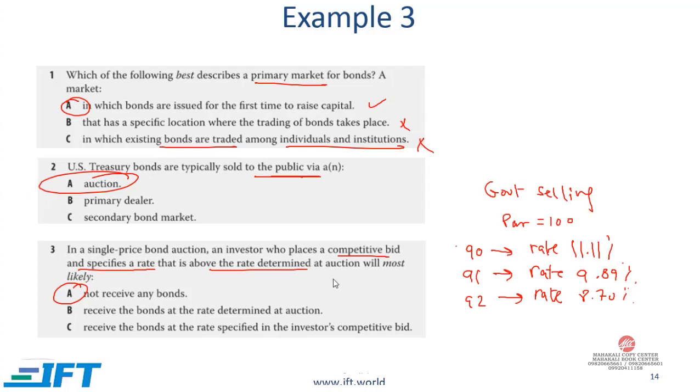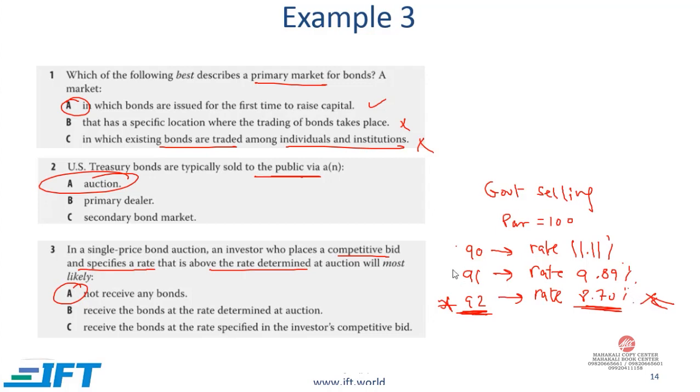To understand what's going on here, let's look at a simple example. Let's say the government is issuing or selling 1-year zero coupon bonds. The par value is 100. Investors bid for these bonds and they submit their prices or rates. And notice the prices and rates are interchangeable. Since the government is selling, obviously the government likes the investors who are paying a high price, and that high price corresponds to a low rate.